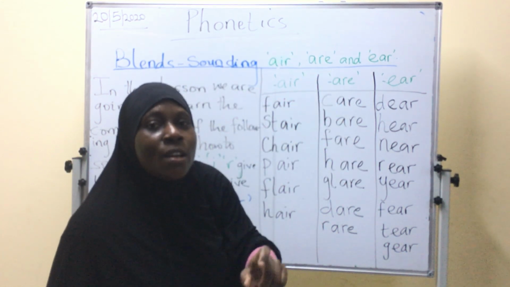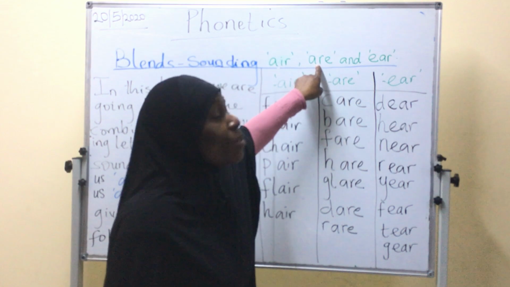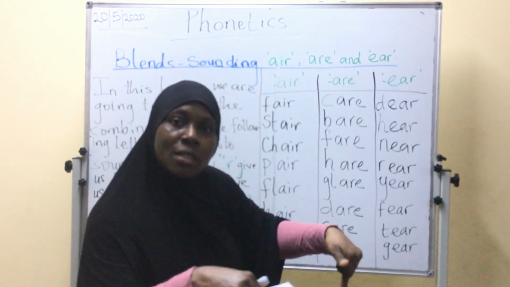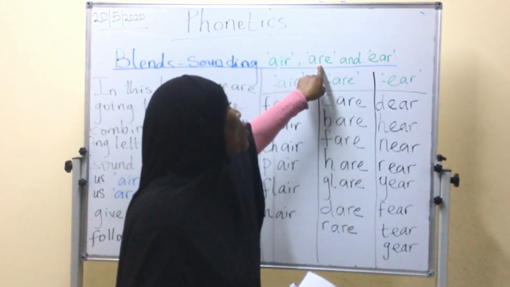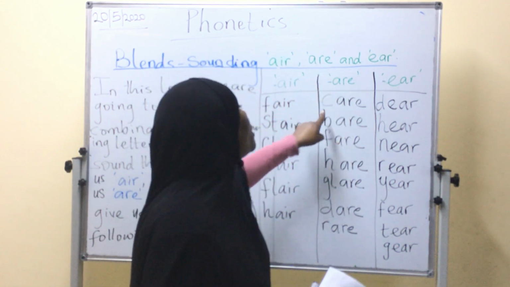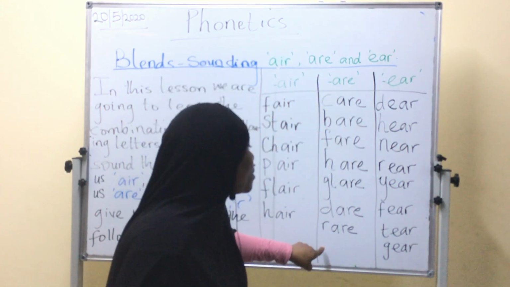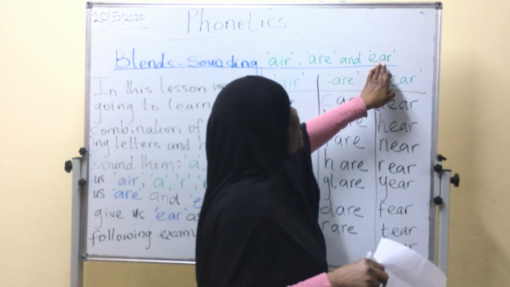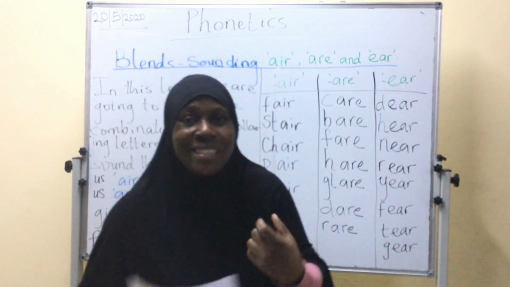Not because you would not see this one giving another sound, but in this lesson, it's going to give us a sound air because we are putting all the letters. So here I said E-A-R gives us a sound ear.